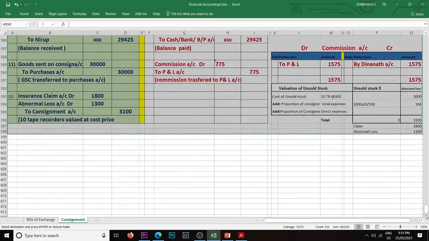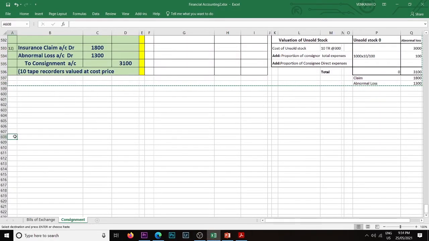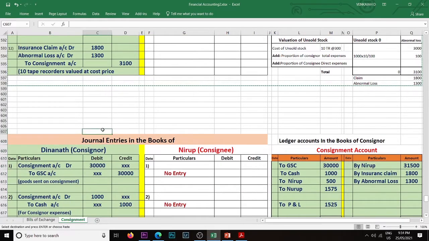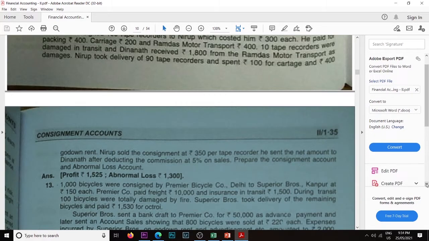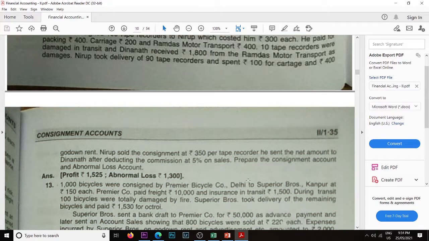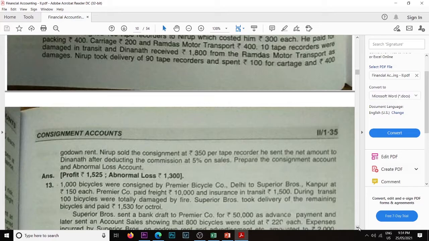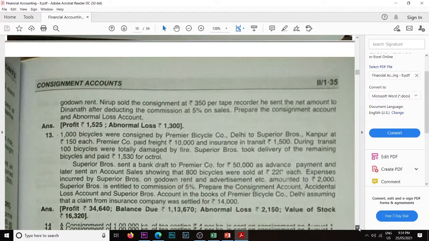So format for completion of the problem, format I am copying. Now I will copy the problem from the textbook for ready reference. It is available with your reader. A little bit bigger problem.